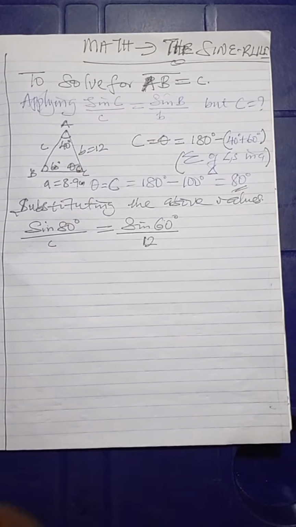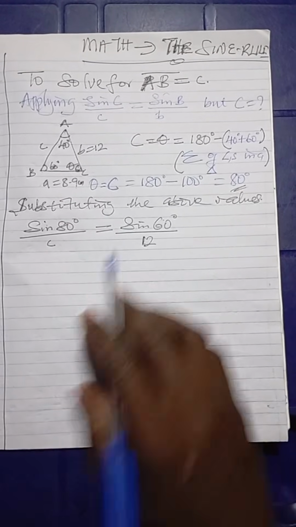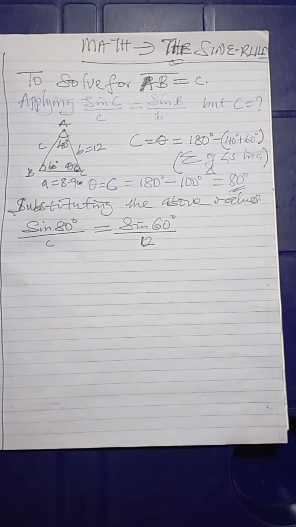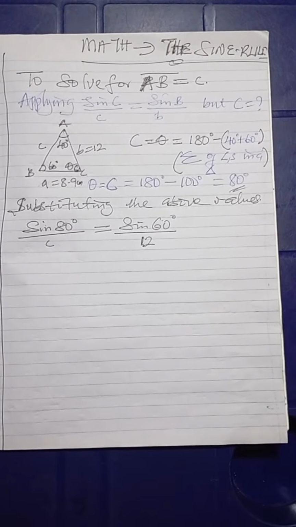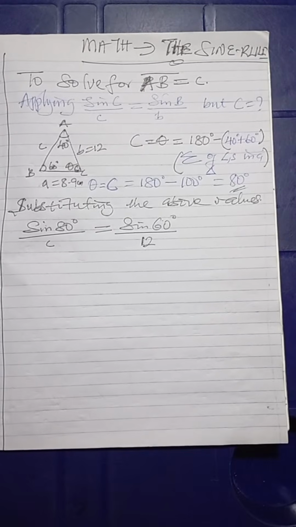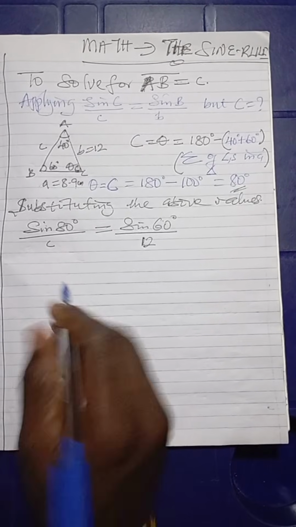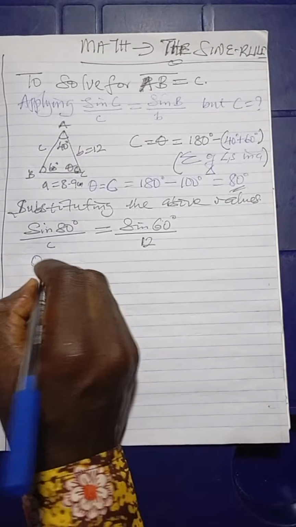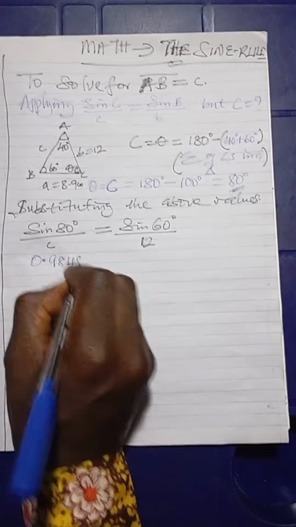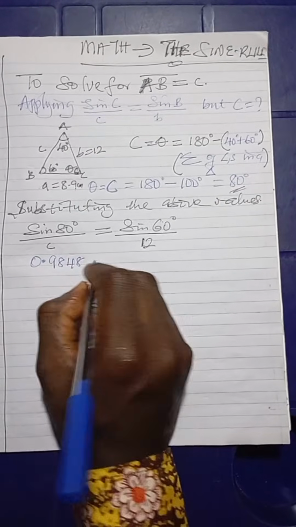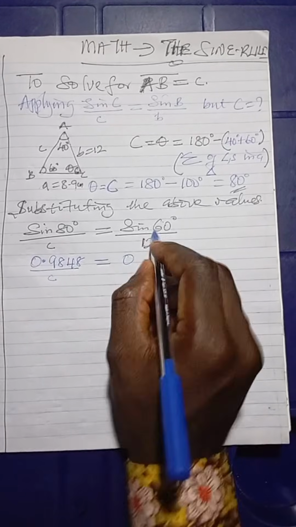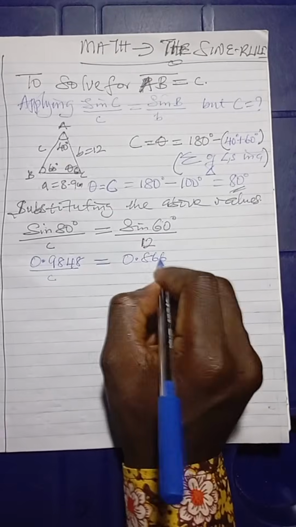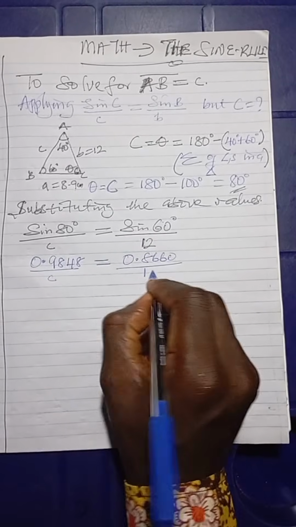Good. So from here now, we can find sine 80 using your calculator. Just press sine 80, or you can use a 4-figure table. I will have 0.9848, is equal to, remember this is divided by c, sine 60, which is 0.8660, divided by 12.